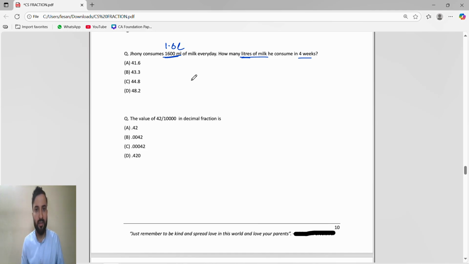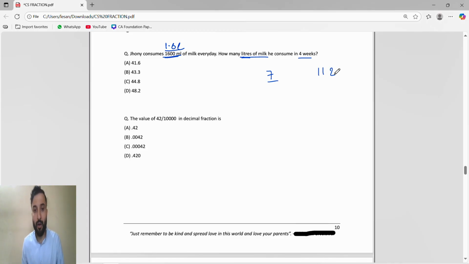In 1 week, how many days? 7 days. So in one day 1.6 liters, in 7 days how much? 1.6 is nothing but 16. 16 ones are 16, 16 twos are 32, 16 threes are 48, 16 fours are 64, 16 fives are 80, 16 sixes are 96, 16 sevens are 112.